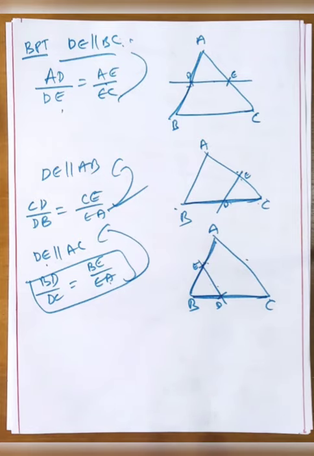It is a very, very important theorem. Don't make mistakes. If any line is parallel to one side of the triangle, it intersects the other two sides at two different points and divides those two sides in the same ratio. That is called the basic proportionality theorem.